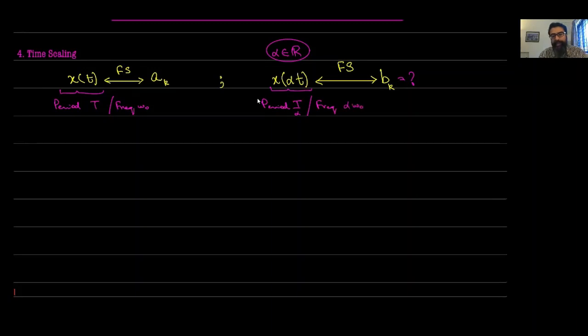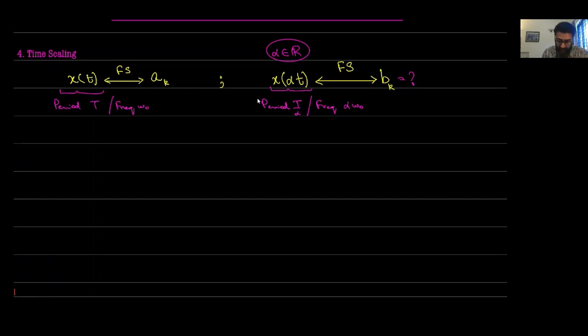So depending on what alpha is, there's a change in the period, and the frequency either increases or decreases.